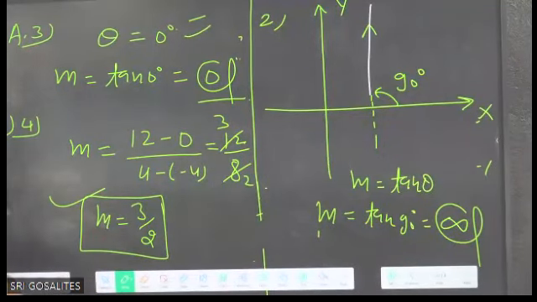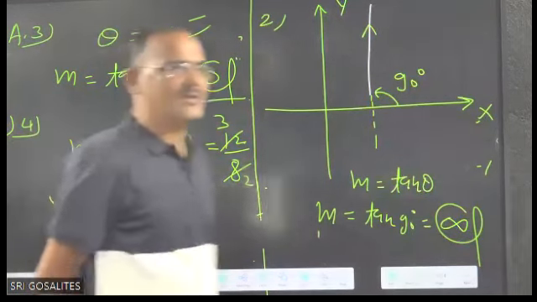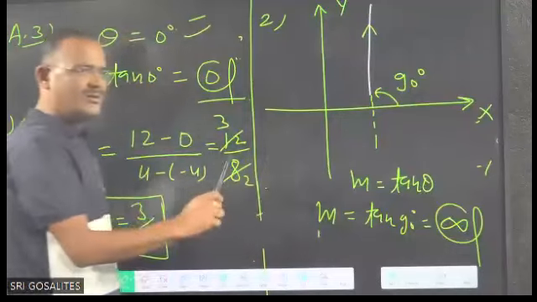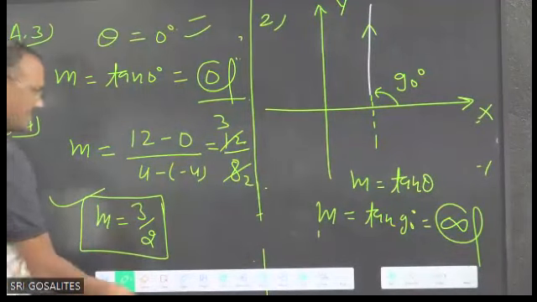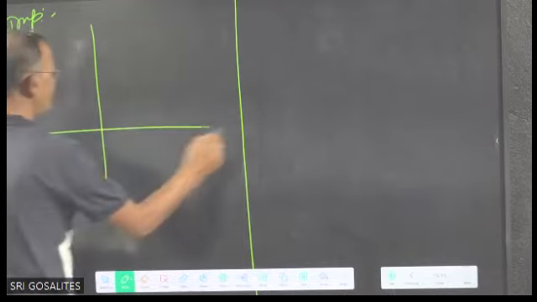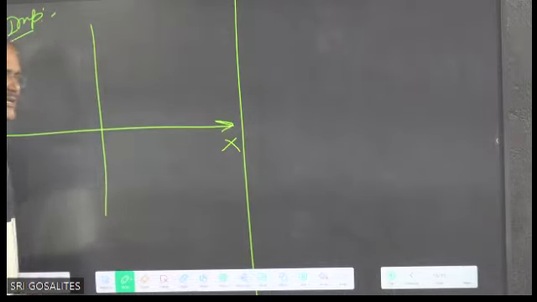So they are called line parallel to x-axis and line parallel to the y-axis. So shall I clean it now? Okay. So these two are very important. Remark important here and note down. This is the x-axis, right?